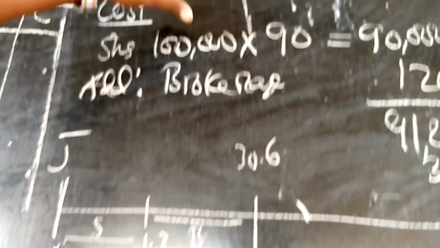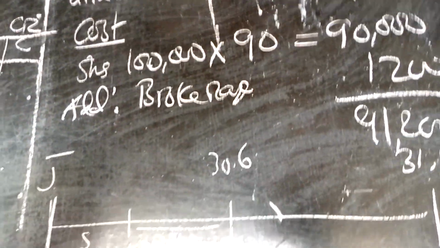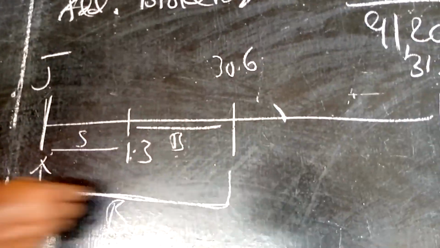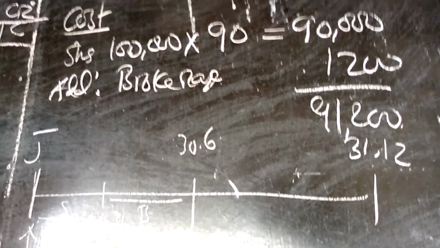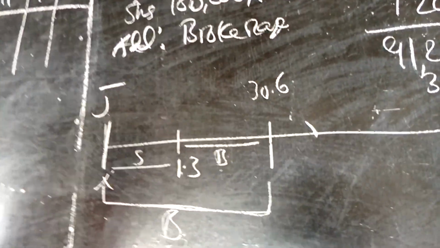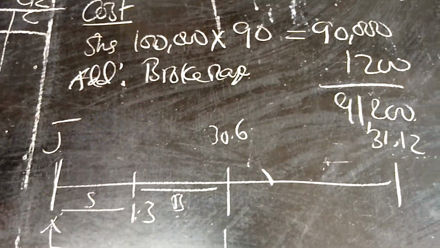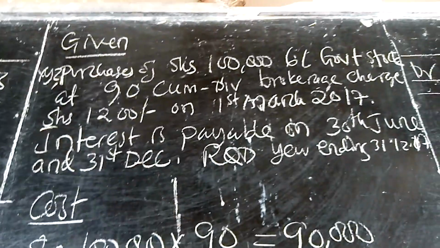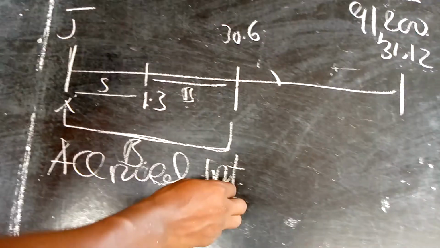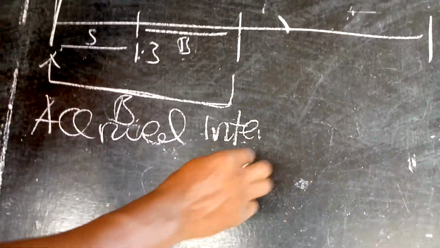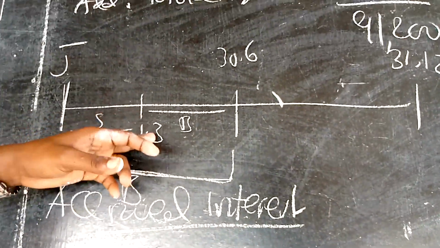So the price under CUM DIV most of the time includes the interest of the seller, simply because the right to receive the next interest goes to the buyer. It means that inside this amount there is a portion of the seller's interest. Now we need to know how much we paid as the seller's interest, and how much was the real net cost of purchasing this nominal value of 100,000 6% government stock. So let us find the seller's interest, or what we call accrued interest. From January up to 1st March, there are 2 months.